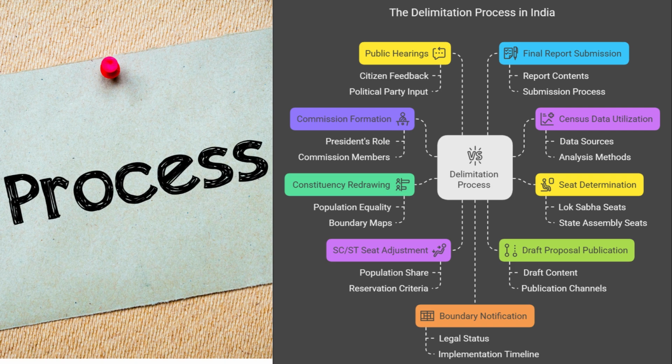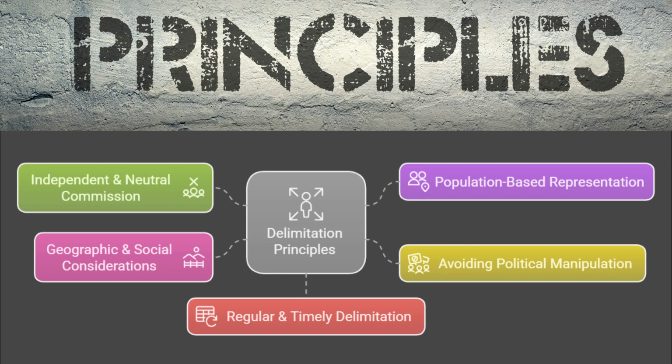Here are the principles for ensuring fair delimitation. The Delimitation Commission must be free from political influence and include judicial experts, statisticians, and neutral officials. Constituencies should be drawn based on the latest census to ensure equal representation.